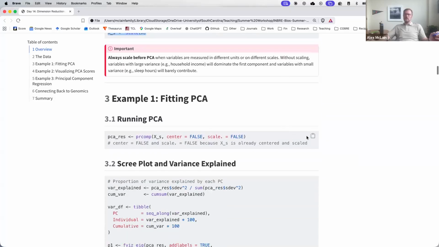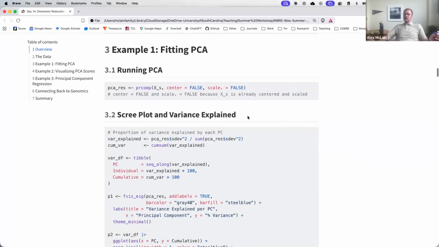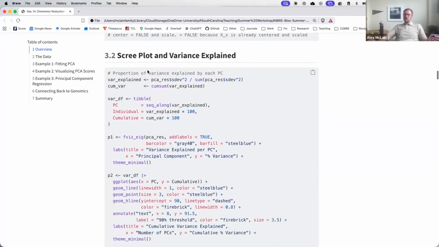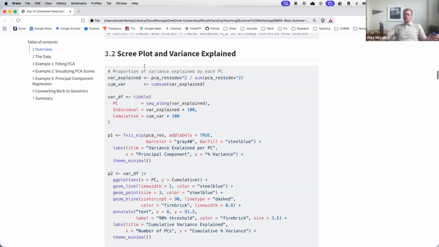No? Okay, good. All right, so let's run PCA on this scaled version of the data. I'm saying don't center and scale because we've already centered and scaled this data. First thing we'll look at is the scree plot and the plot of the variance explained.